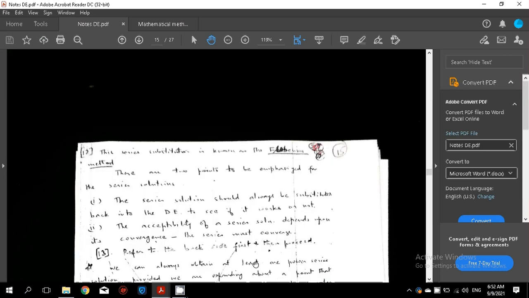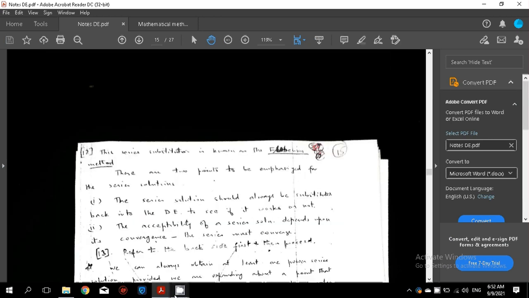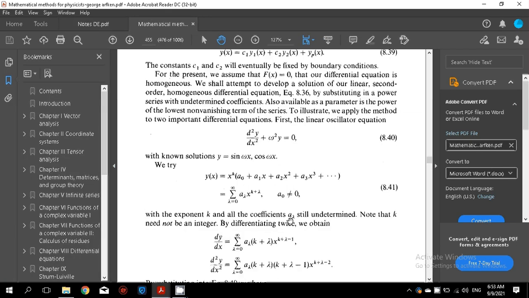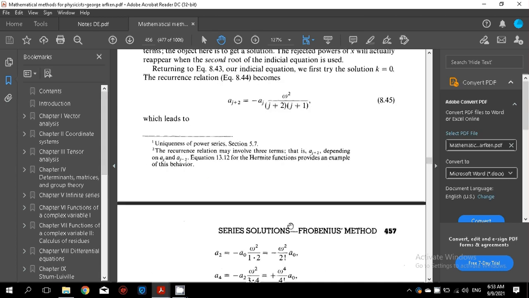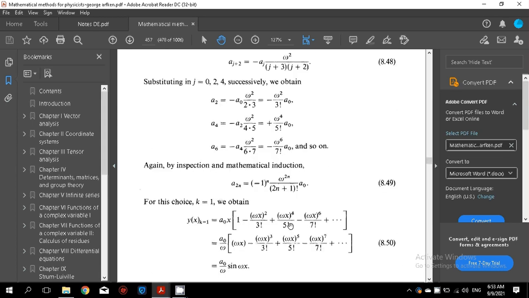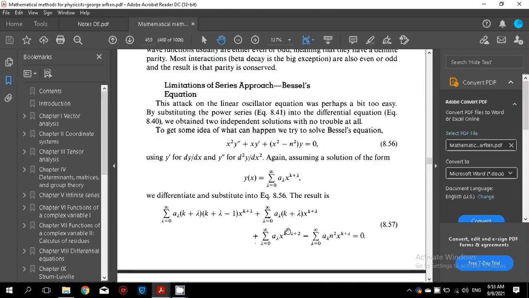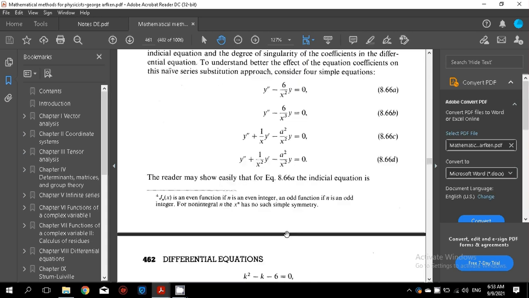I will assign these exercises, let me see if I can do it now. This is the series method as given here. You can go through these pages of the textbook, and along with my notes you will be able to understand each step.